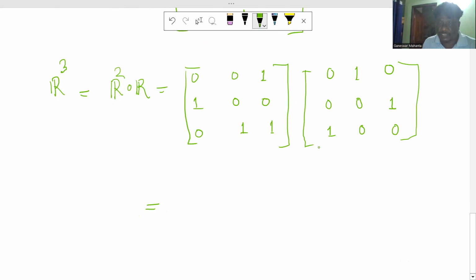First row, first column, that is 1 we produced. First row with second column, 0. First row with third column, that is also 0. Second row, first column, that is 0. Second row, second column, that is 1. Second row, third column, that is also 0. And last row, first column, 1.